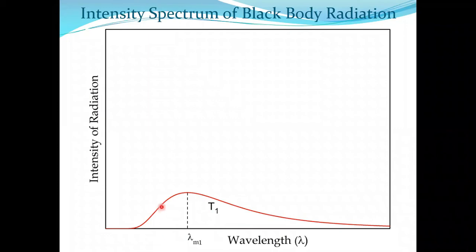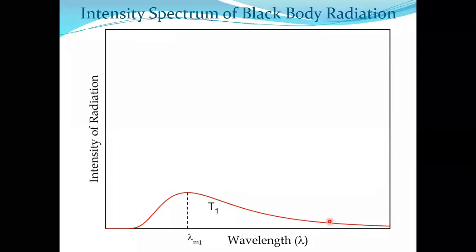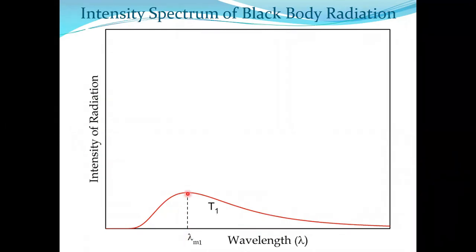At another wavelength, you get another intensity of radiation, E lambda. You are measuring E lambda at different wavelengths and plotting those points. So what you are actually plotting on the graph paper is a large number of points whose x value is the wavelength and y value is E lambda, the intensity of radiation.